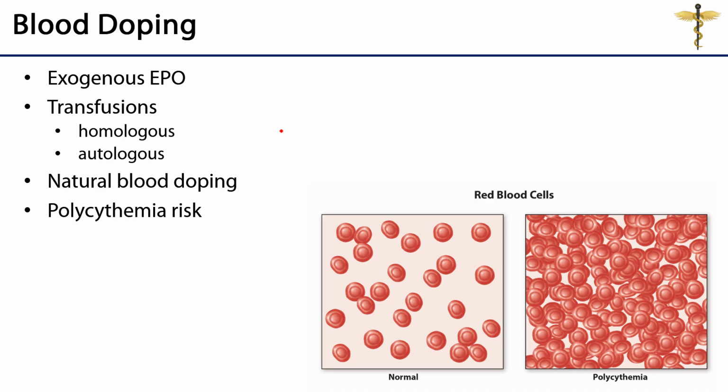They can also take transfusions either from people of the same blood type, so that would be a homologous transfusion, or they can actually take transfusions of their own hematocrit. That would be an autologous transfusion to elevate their hematocrit also. Or you could just do it the good old-fashioned way of going to a high altitude and training there, and that would be natural blood doping, which is sometimes an accepted form of conditioning.